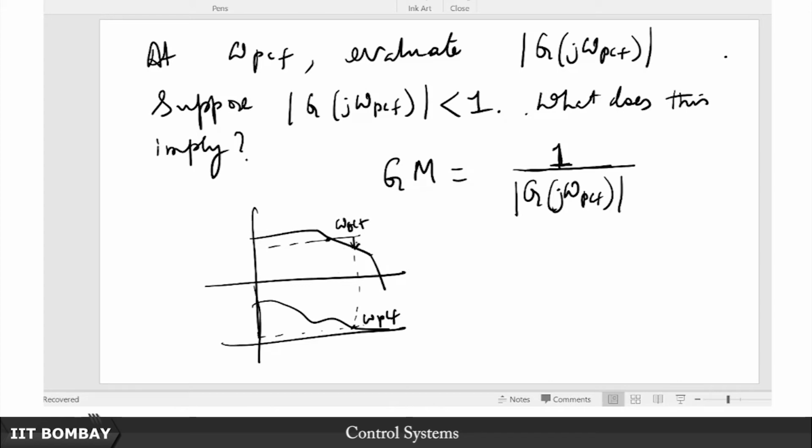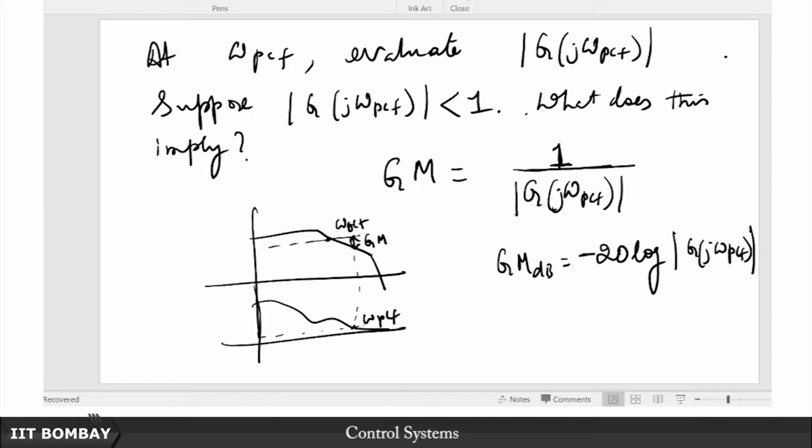So this is basically a measure of your gain margin. Of course, if you want to put it in the logarithmic scale in decibels, then this is 20 log |G(jω_PCF)|, with a minus sign.